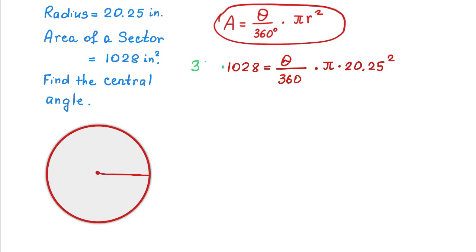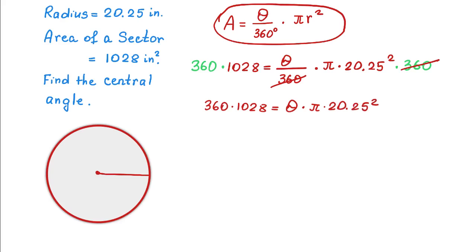So multiply the left side by 360 and the right side by 360, and on the right side 360 will cancel. I will continue solving for theta, and I will do all the operations at the end with the use of a calculator. So let's rewrite 360 multiplied by 1028 equals theta multiplied by pi times 20.25 squared.